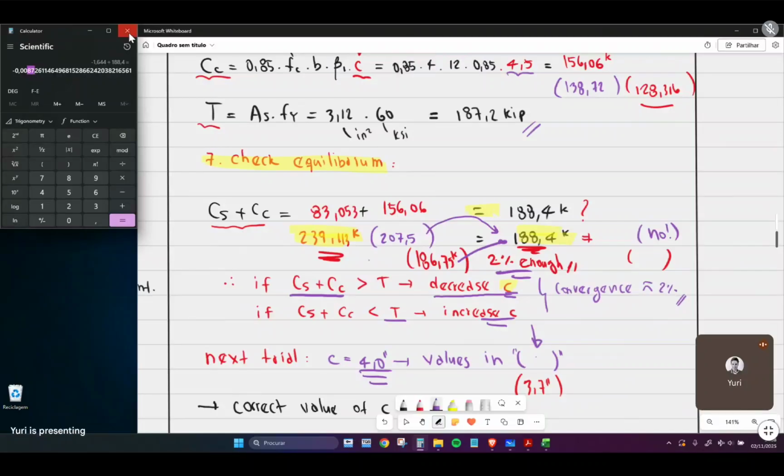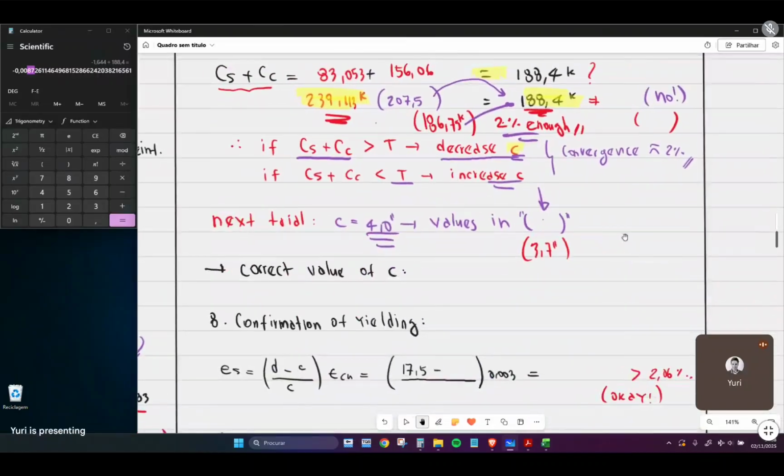So that would be perfect, right? So we know that the value of c now is 3.7 inches. I will stop this exercise here so the video will not be huge, and I'll calculate the moment capacity and other things in the next slide.